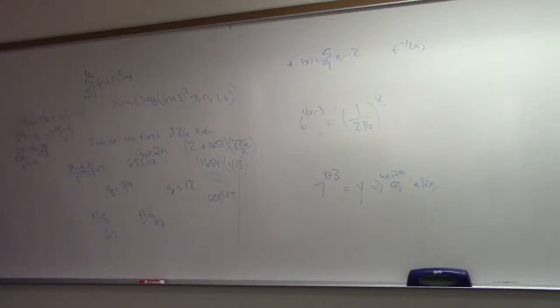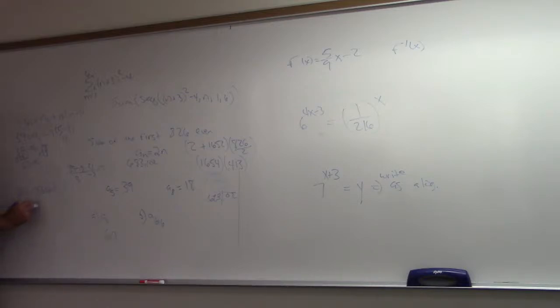Do we agree? Now, where it gets hard is the 616th term. So 67 minus 7 times 616 minus 1.